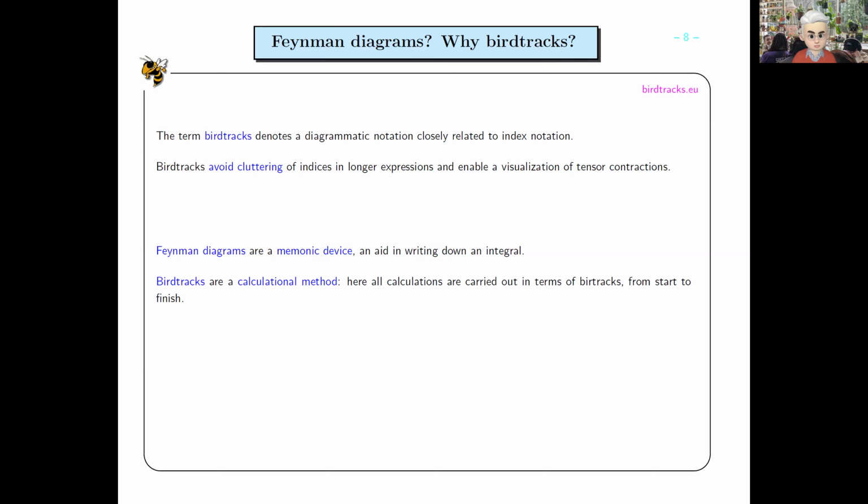And encoding is expensive. But what they call in this meeting Birdtracks is a calculation method. Not only do you draw a diagram, but you manipulate the diagram without ever using any tensor index, to do the entire calculation. You never add anything else to it.